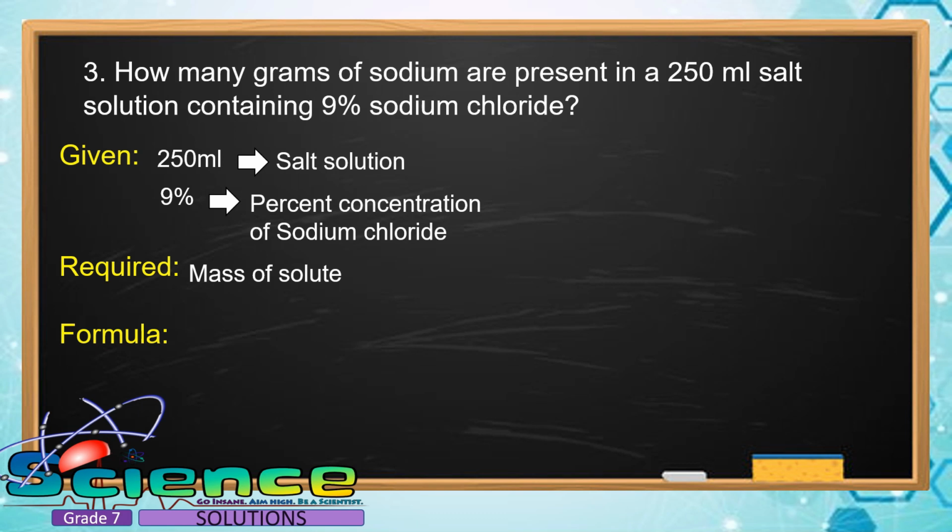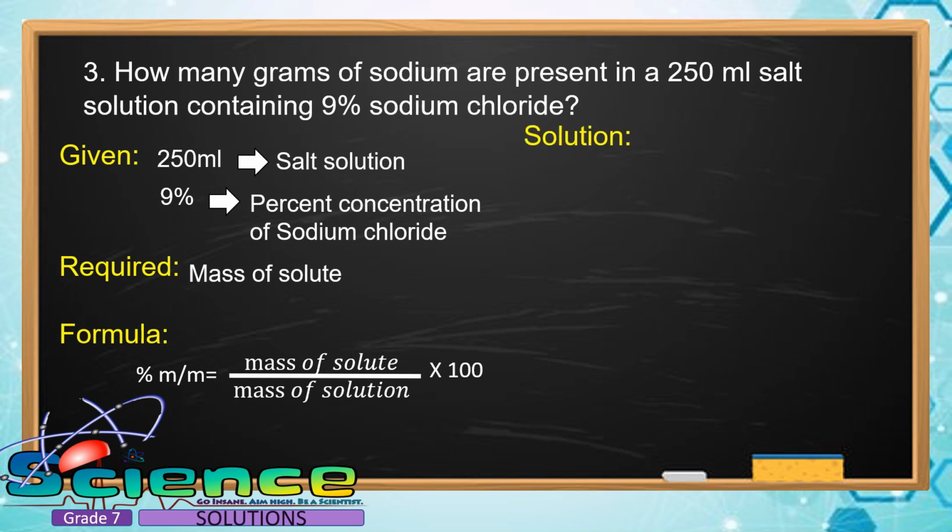In this problem, we cannot simply use the formula percent by mass is equal to mass of solute over mass of solution multiplied by 100. Instead, we will derive our formula. To solve the problem, we will now substitute what are given to the given formula.